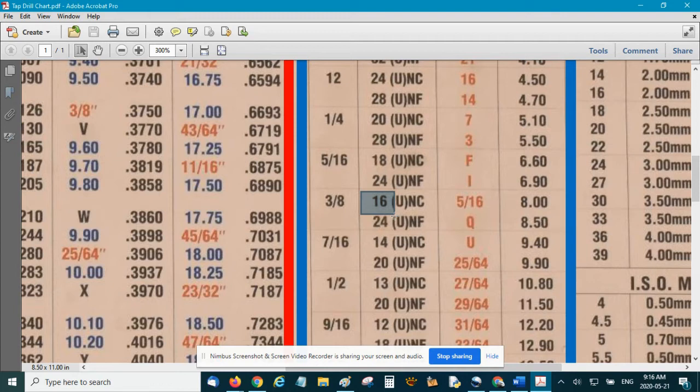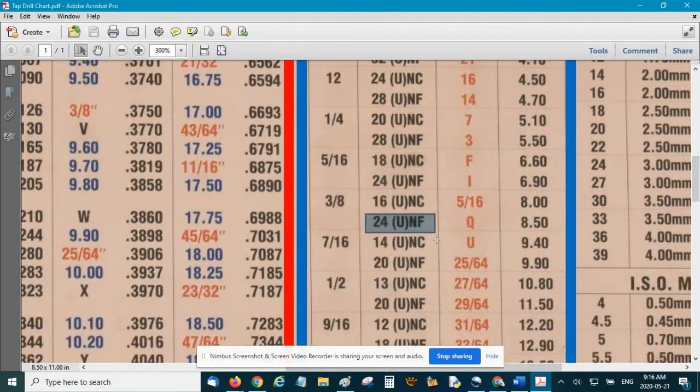Don't ask me where 16 comes from. I have no clue. But someone way back decided if you're making a 3/8 bolt, it's going to be a coarse thread and 16 spirals on it, 16 threads in 1 inch, like I showed in the workbench. If you have 1 inch of thread on a 3/8 bolt, it will have 16 spirals, and that's coarse.